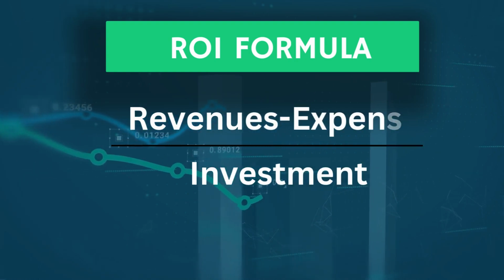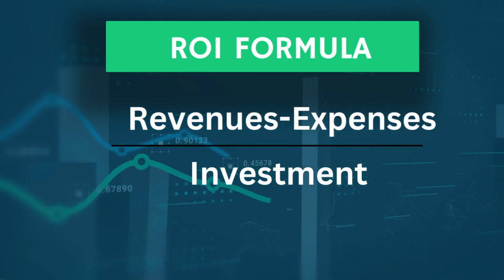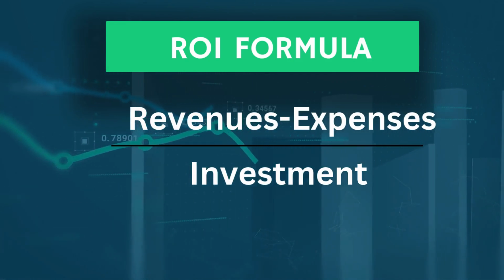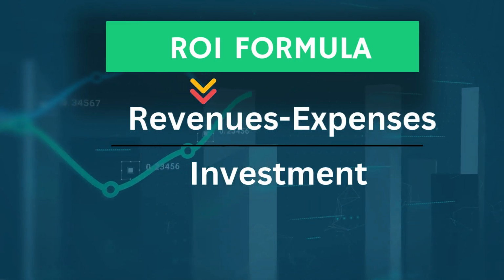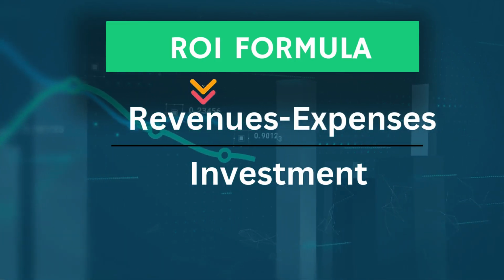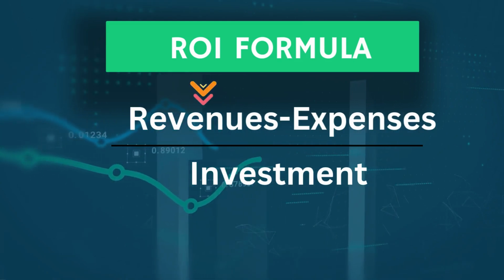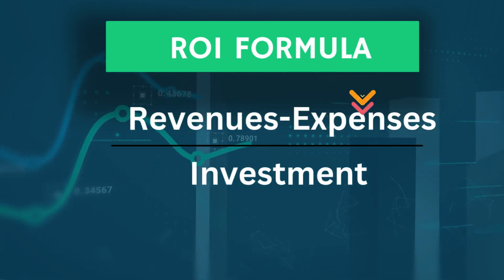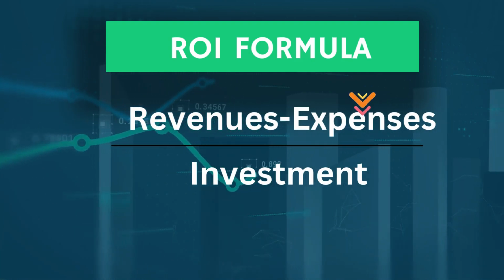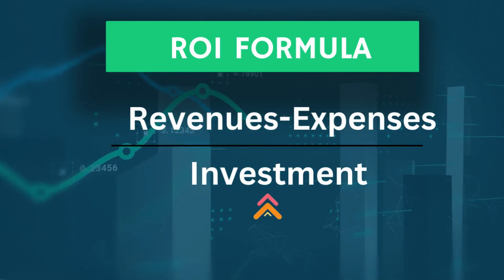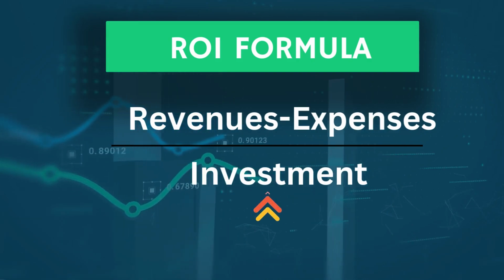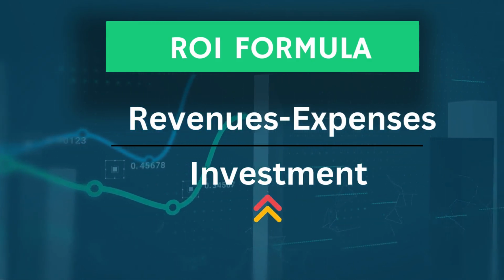So let's break it down in a very easy and simple ROI formula, which is revenue minus expenses divided by investment. Revenue is the money which is coming into the business. Expense is the money which is going out of the business to keep the operations running. And investment is the money which one puts in the business in the form of short-term or long-term investment.